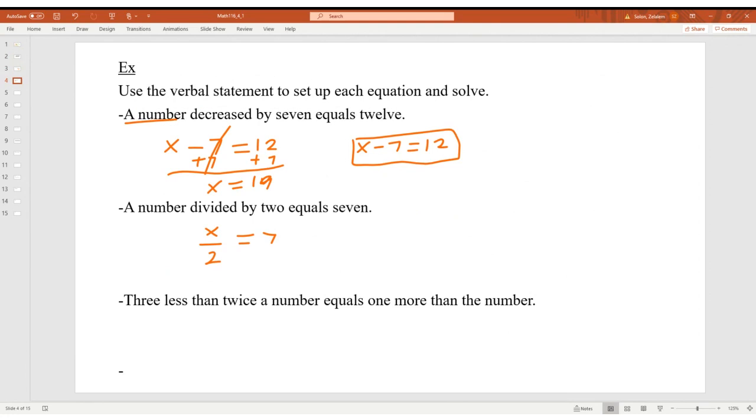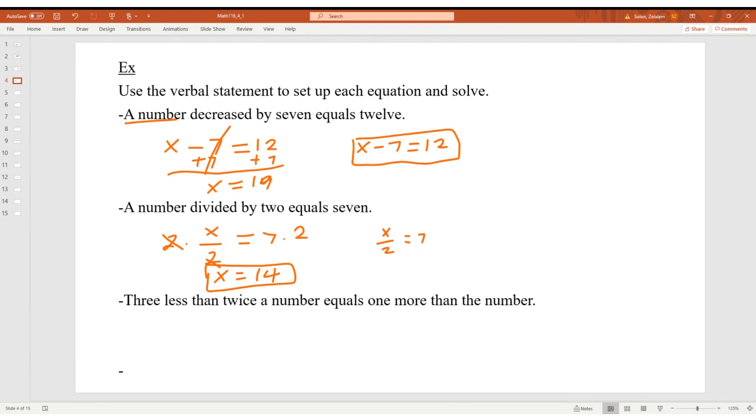The way we solve it is we multiply both sides by 2, so that we can get rid of this 2. When you have numbers in the denominator, that's division. We undo division by doing multiplication. You do the inverse operations. So the equation is x over 2 equals 7, and the solution is x equals 14.